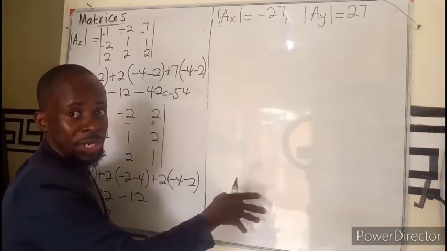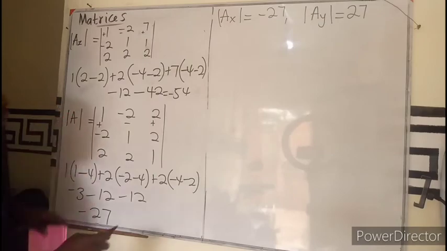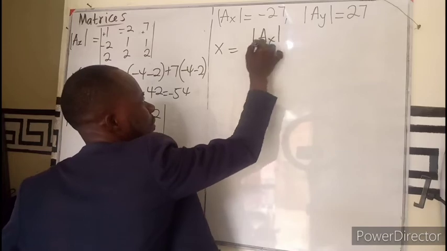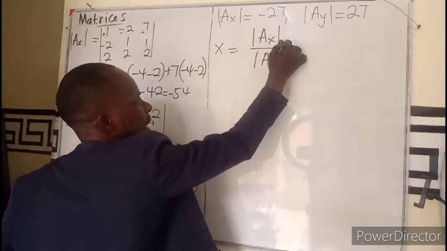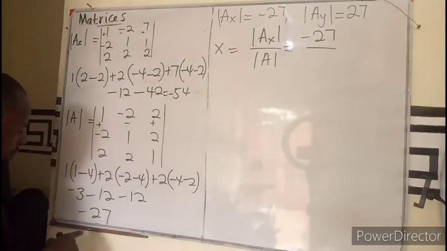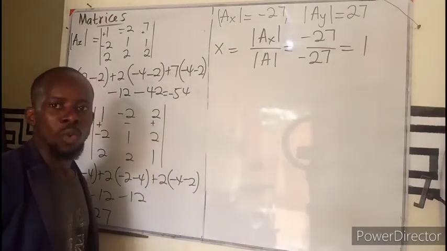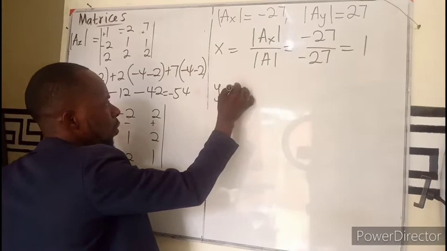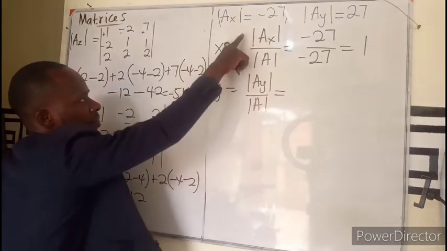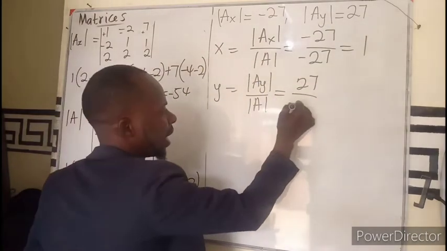We have, from the calculation we did, the x to be this. We have the y to be this. So now to find the value of x, it will be Ax over A. And Ax is what? Minus 27 over A, minus 27. So x is going to be 1. We have this to be 27. This negative 27.